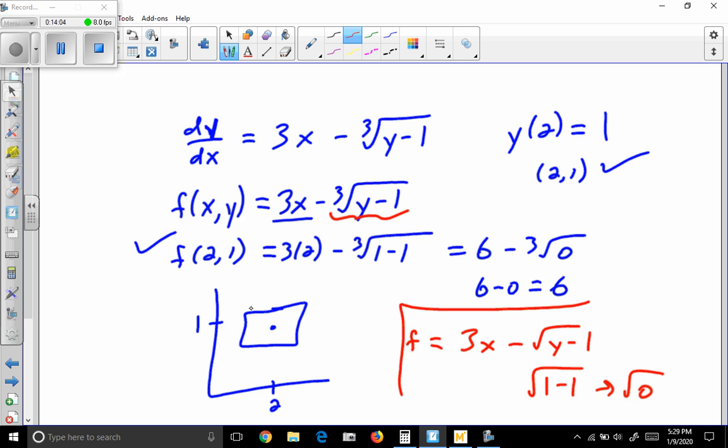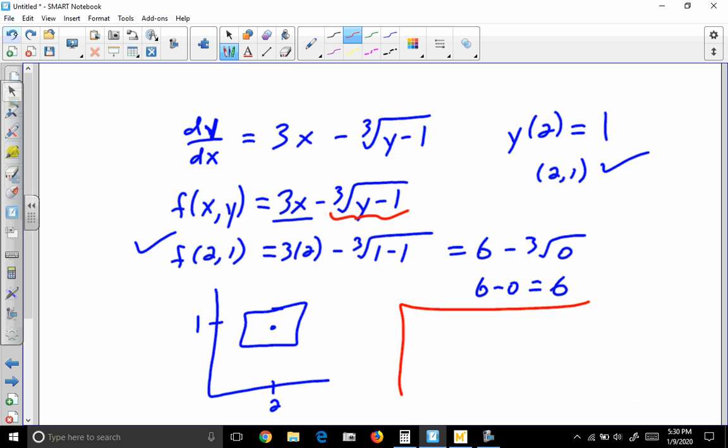That point would be at the edge of a rectangle that contains that point. So that's one way that the f can be defined at a point, but it's not inside the rectangle, it's on the edge of it. So let's go back and finish working our problem instead of the other example.